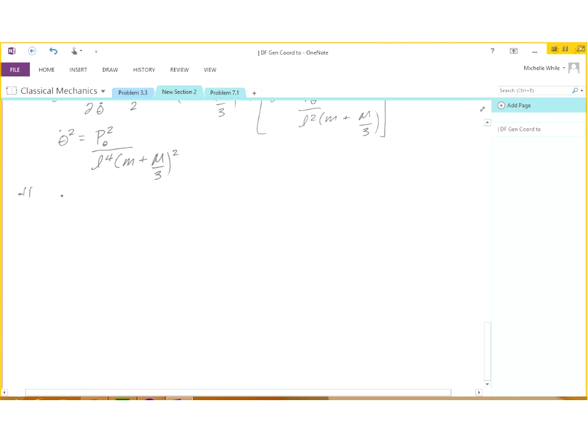And now our Hamiltonian is equal to the kinetic energy plus the potential energy.